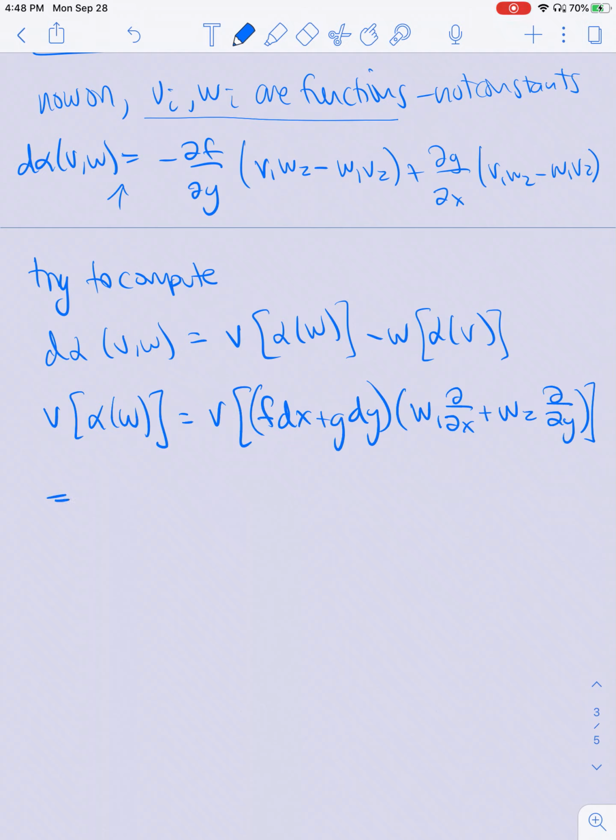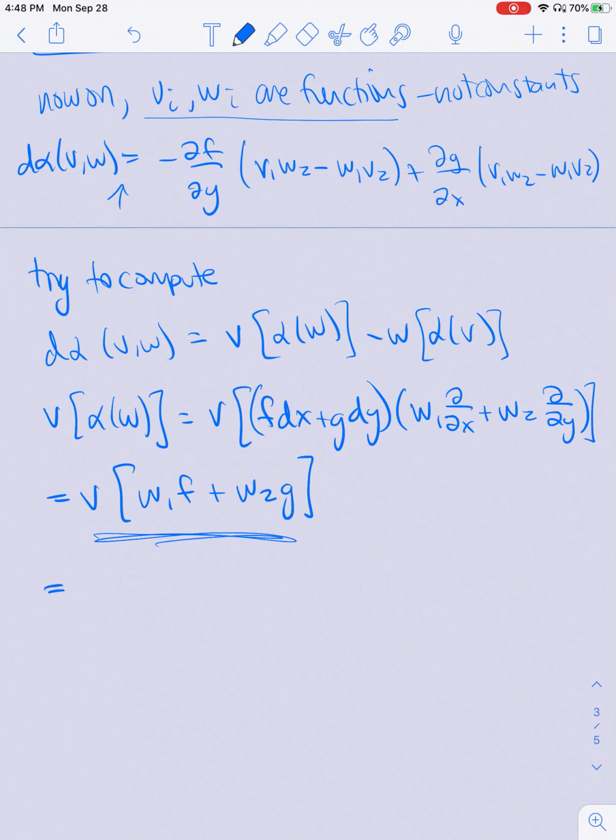Okay, and then this is v applied to, now here I have, again, f, well, let's write this as w1 f plus w2 g. And then now I'm going to have some extra term coming in from the fact that when v is differentiating this function, the w's can change in the direction of v.